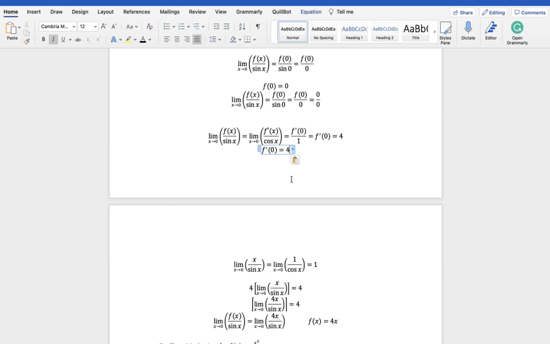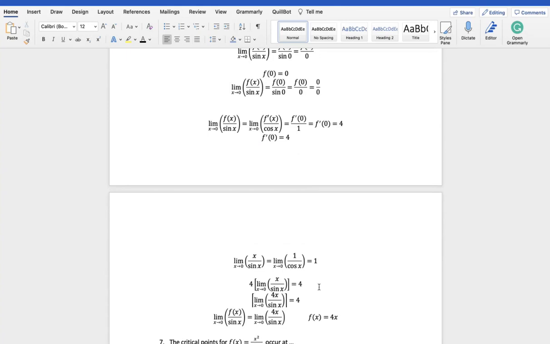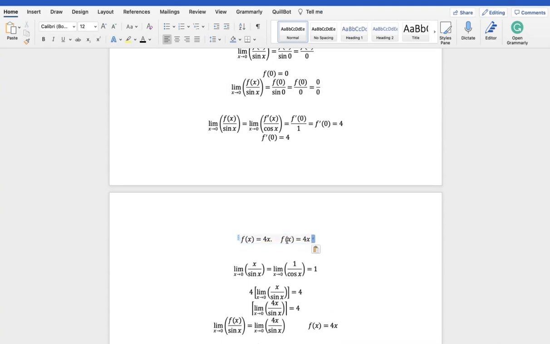Right? And that function, based on what we've done in the second, will have to be f of x is equal to 4x, because when you take the derivative of f of x, you have that is equal to 4, right?